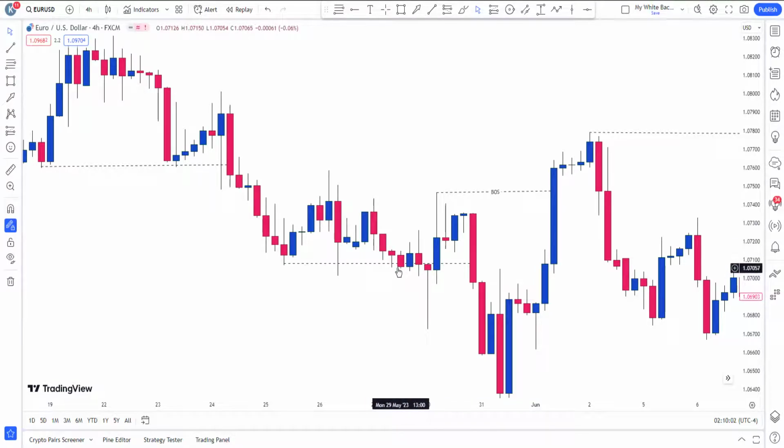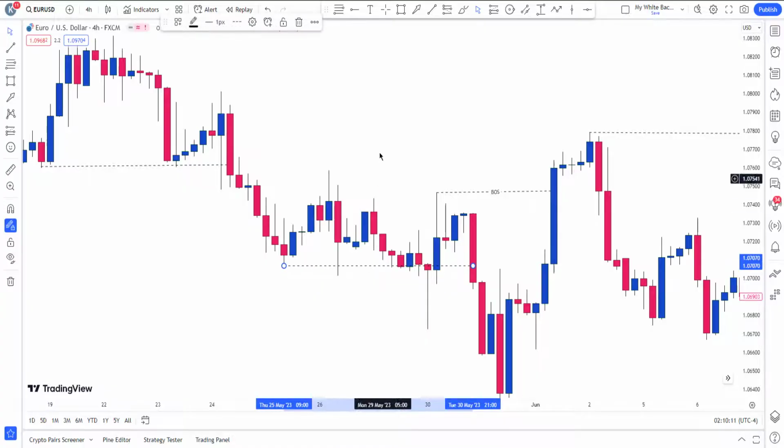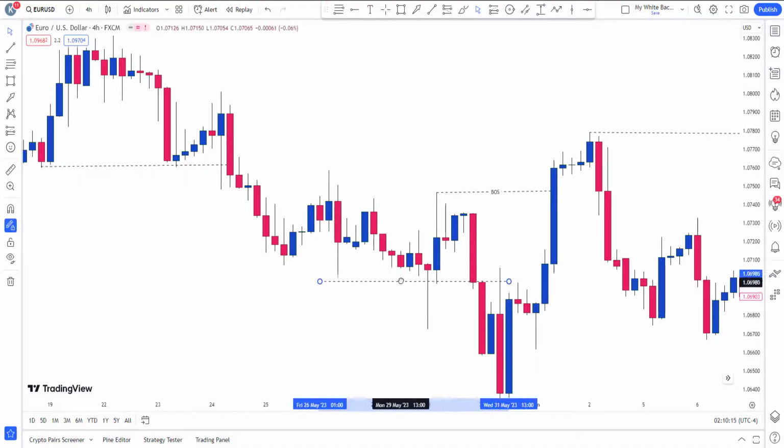As little as it is, we have closed below the low. But what I want you to do, whenever you see this kind of scenario, or whenever you see this kind of situation and you have this kind of weak, you can take even this one to be your lowest level. Okay, this can be your lowest level, just for you to have an easy identifying of the lowest level after it moved.